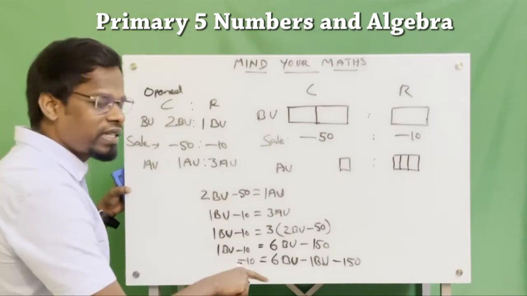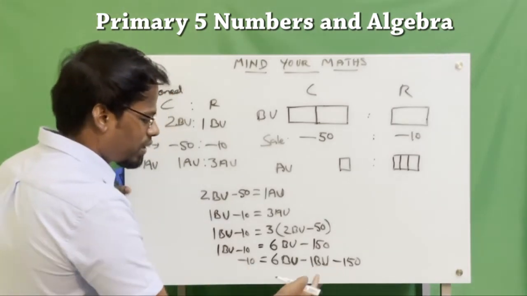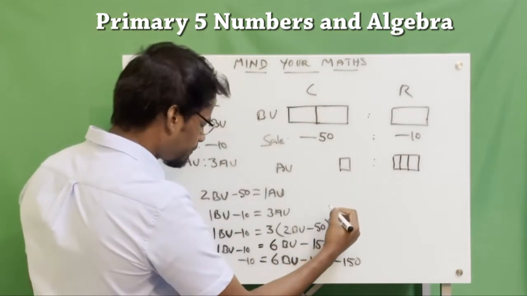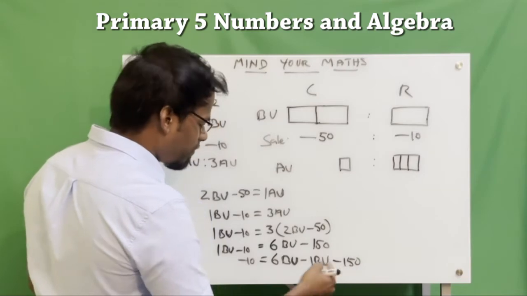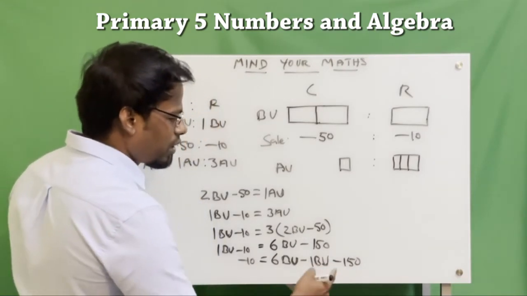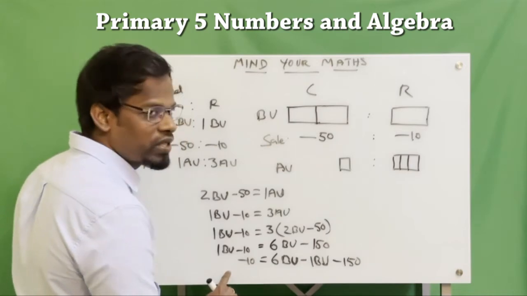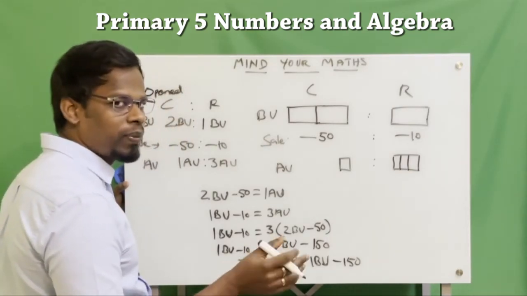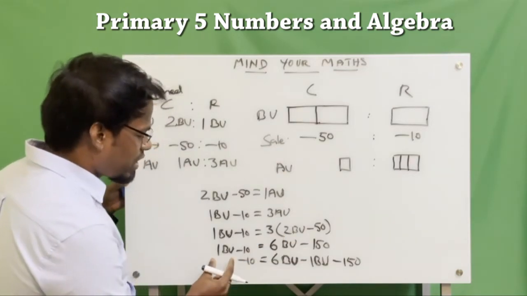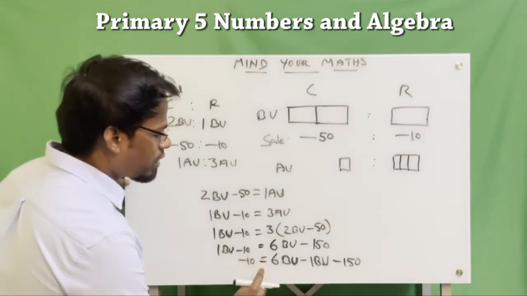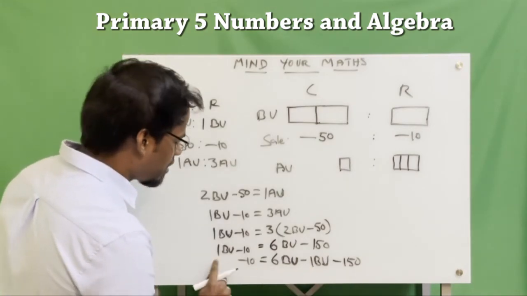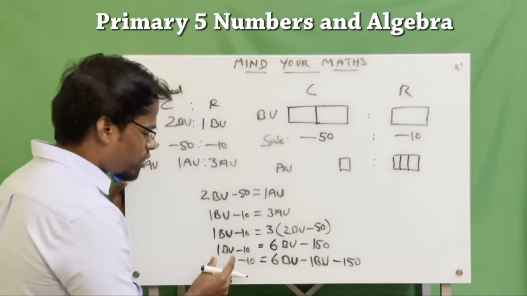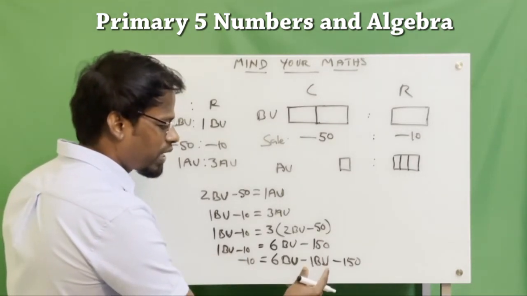Now in the next step we bring the 150 to the left side of the equation, and it becomes a positive number. That is another rule, which I will explain in another video: if a number goes to the other side of the equation, the sign changes to the opposite of what it originally had. This was positive, so when we moved it, it became negative.